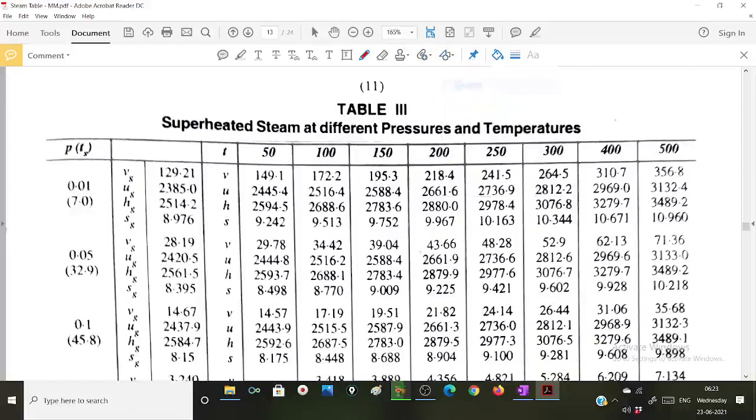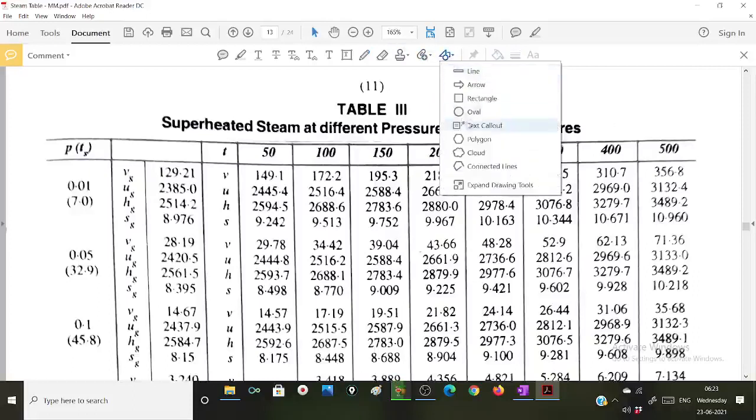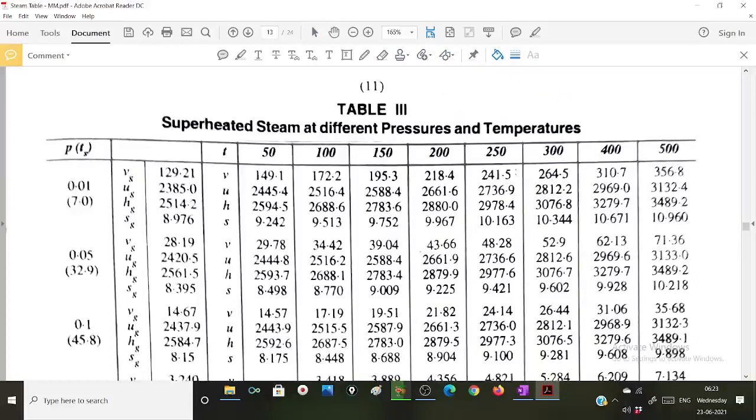As you can see here, for 300 degrees Celsius and for 400 degrees Celsius, whereas we require the value at 360 degrees Celsius at 20 bar. So I have to interpolate between the 300 degrees Celsius value and the 400 degrees Celsius value.